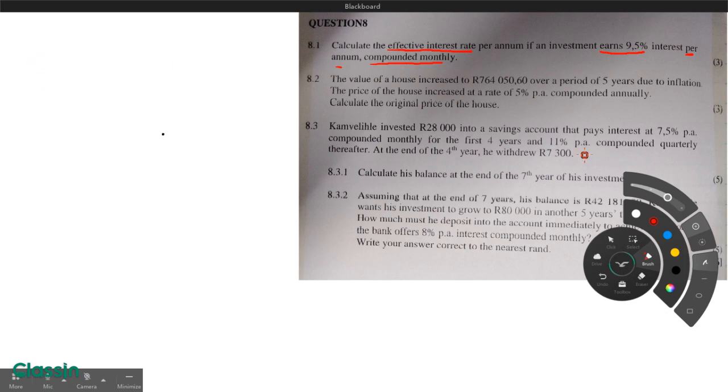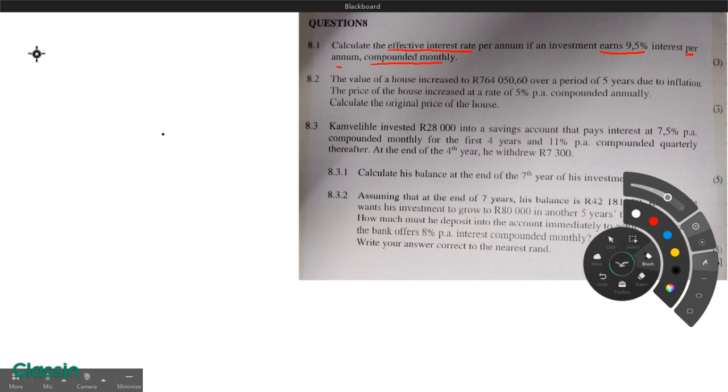So now we need a formula for effective interest. Most of the questions study effective interest, not the value of money. We are only looking for the interest rate.